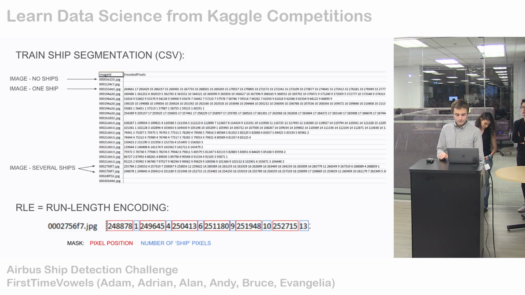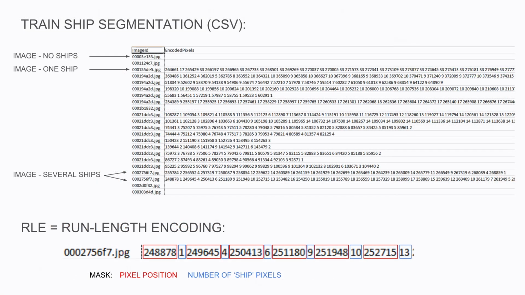So with the train and test images, we were also given the train ship segmentation CSV. It had basically two columns. One was with image IDs, and the second one was the run length encoding of the mask.